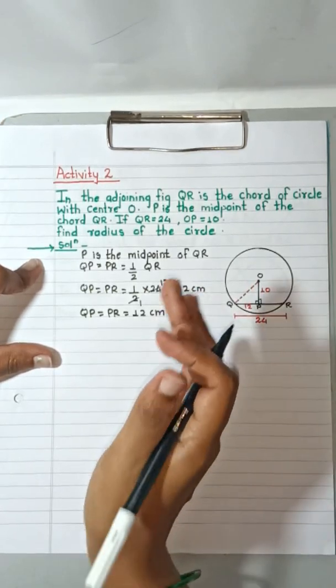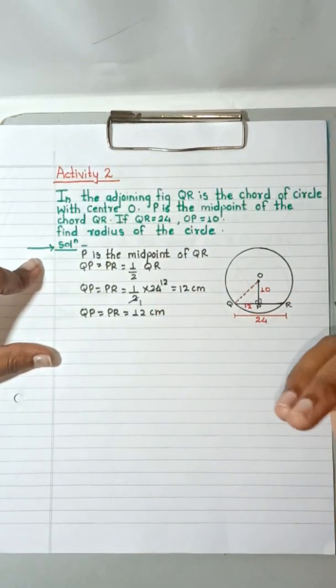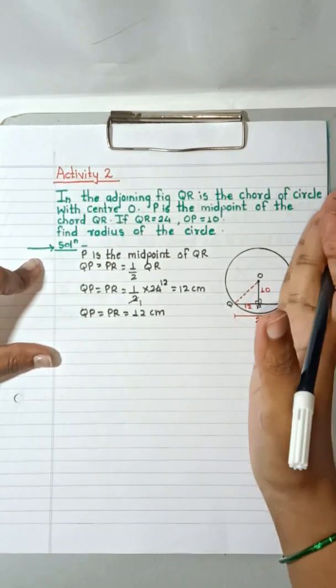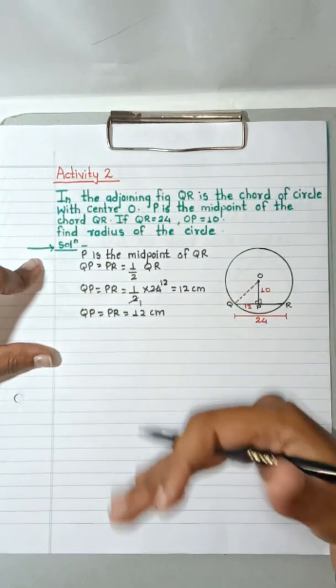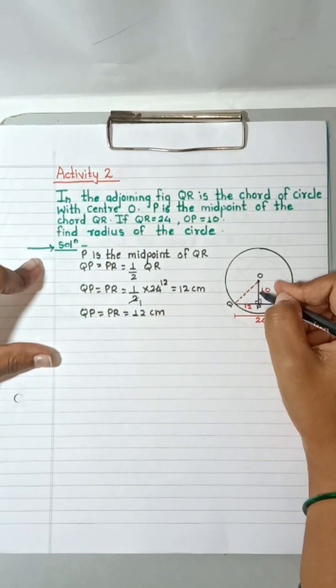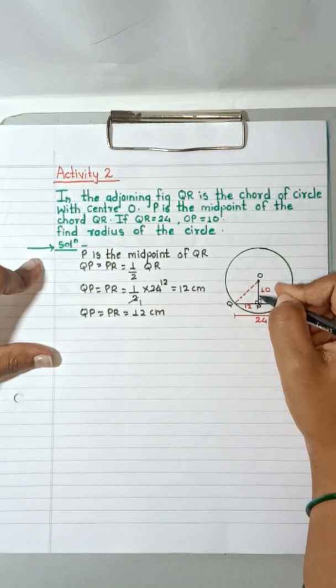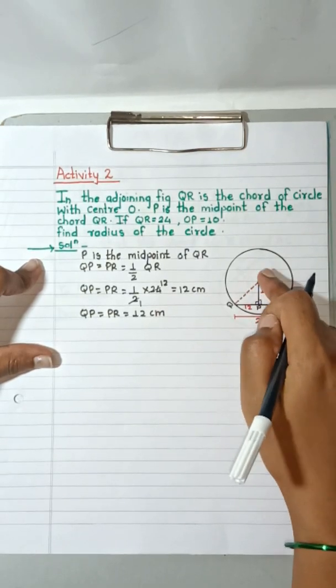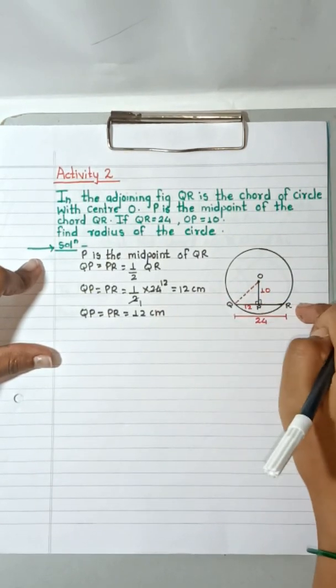Now children, a line drawn from the center of the chord is perpendicular to the chord, or you can say it is a perpendicular bisector of that chord. Now you can see this OP is a line drawn from the center of the circle. That means this OP is perpendicular to QR.